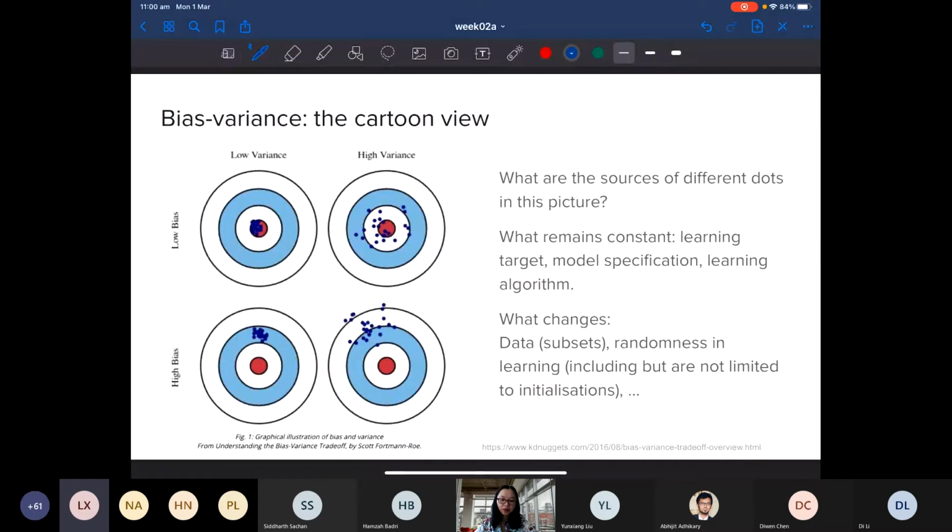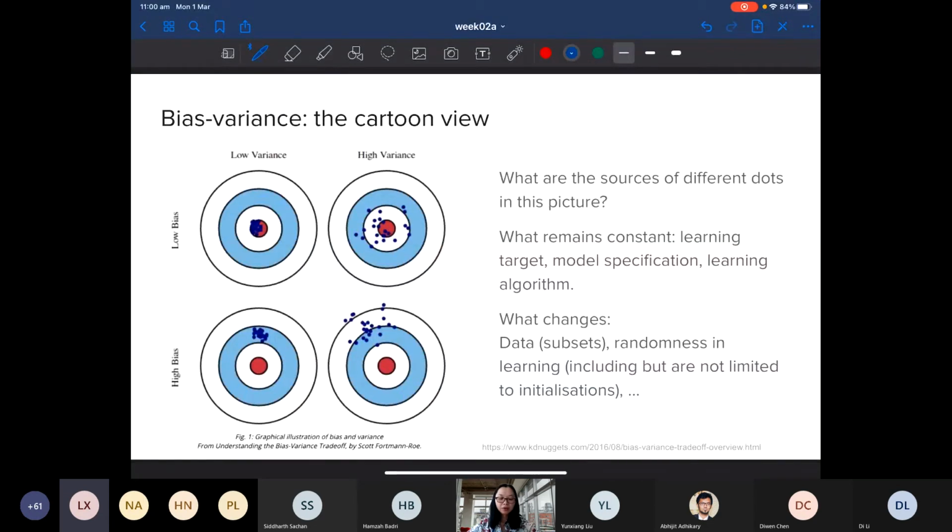We want the different estimates, the little blue dots, to land on the bullseye, so to speak. The columns of low variance refer to the fact that the different estimates, the little blue dots, are close together. The rows of low bias refer to the fact that they are all close to or lie within the target region.